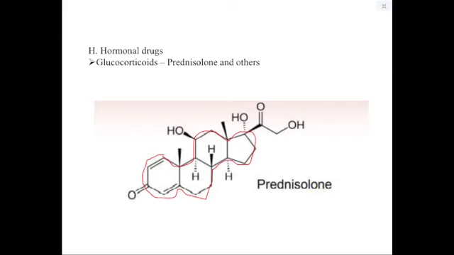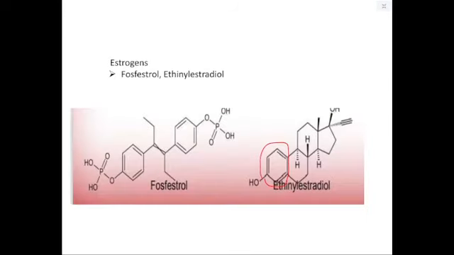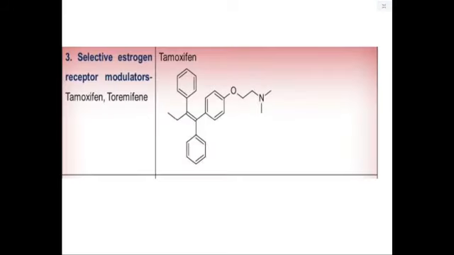Once it becomes an aromatic ring, more often than not, the drug will change to an estrogen. Of course, the substitutions may differ, but the major difference is in this ring, where in estrogens, through the aromatase enzyme, that ring is derivatized into an aromatic ring. Of course, this is a synthetic estrogen, and ethinyl estradiol is a semi-synthetic estrogen.